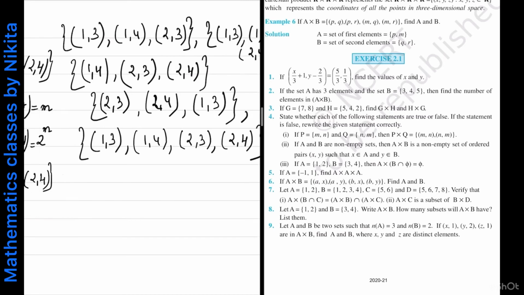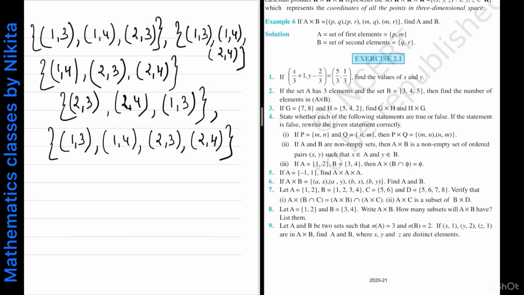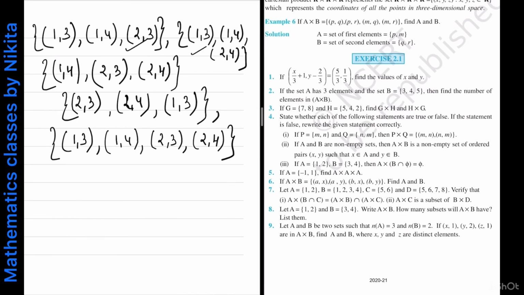And now you can count that there are 16 subsets. So 1, 2, 3, 4, 5, then this whole 6, 7, 8, 9, 10, 11, 12, 13, 14, 15 and 16.